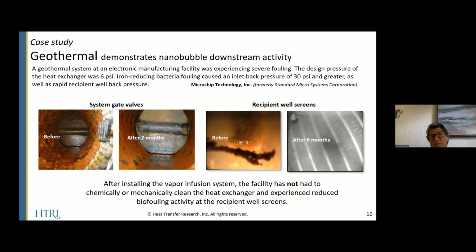The beauty of this is that there was no direct infusion into the well itself, and the nanobubbles were formed in the heat exchanger and then moved downstream to interact with the biofoul almost 2,500 feet away. And so, as I mentioned, in the 17 years that we've been treating this well, they have never needed to chemically clean or open up their heat exchanger ever again.